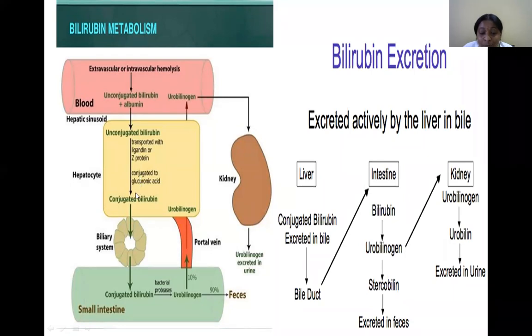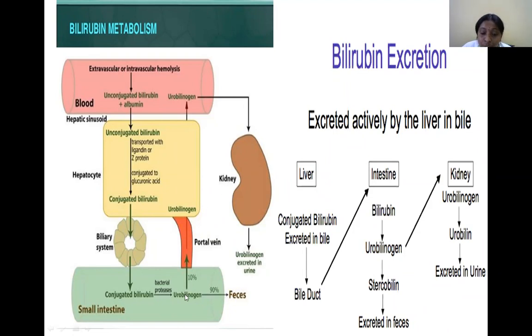This conjugated bilirubin reacts with bacteria in the presence of bacterial enzymes and forms urobilinogen, which enters the small intestine. Here, some amount of urobilinogen enters the kidney and is excreted in urine in the form of urobilin.